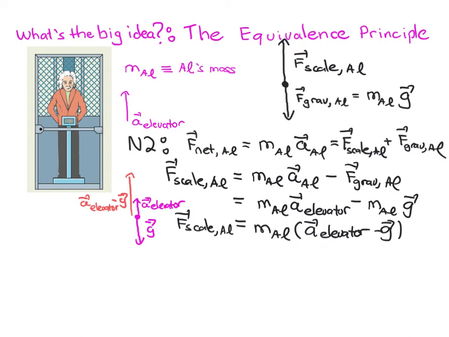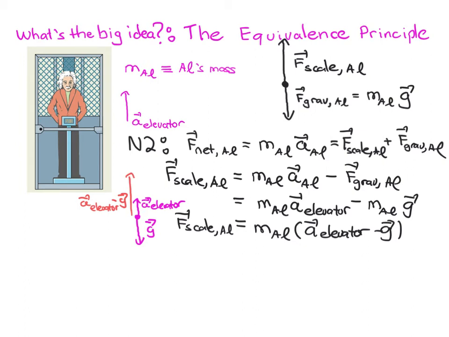So a_elevator minus g. This little drawing that I've made here sort of shows you what that means. g, of course, points downward. We've assumed the elevator is accelerating upwards. When you calculate a_elevator minus g, you get an upward going arrow. And the bigger a_elevator is in magnitude, the longer that arrow is going to be.